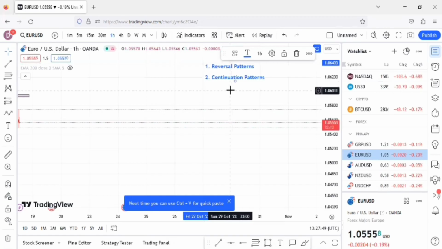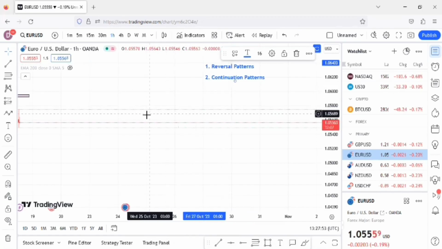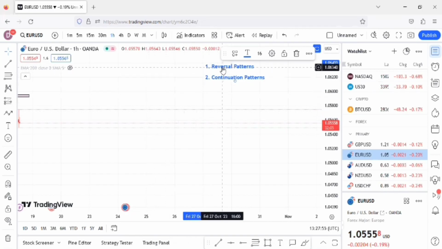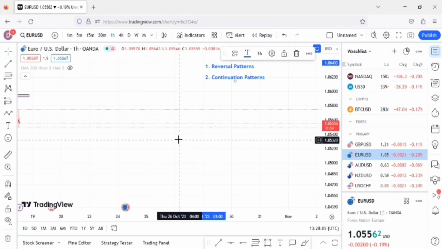So what are reversal patterns and what are continuation patterns, and how do you use them? In reversal patterns, we have so many of them, but there are major ones that I usually use, and you find them most often on the charts.